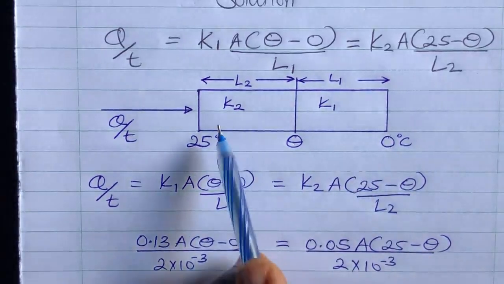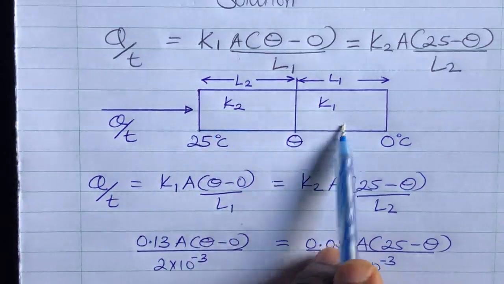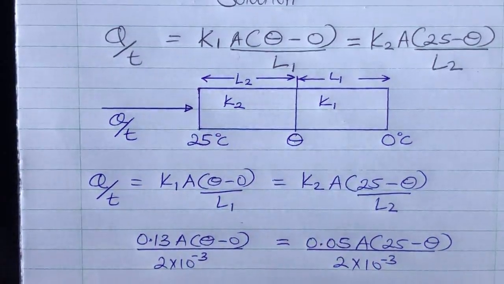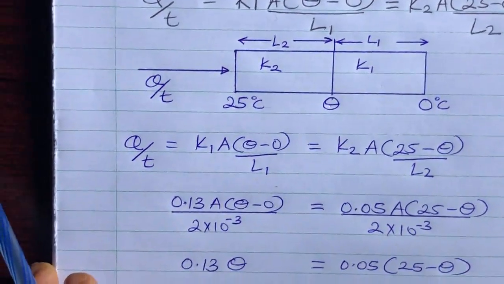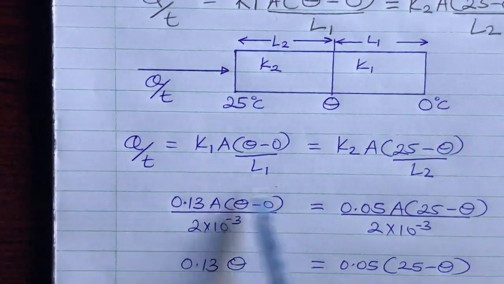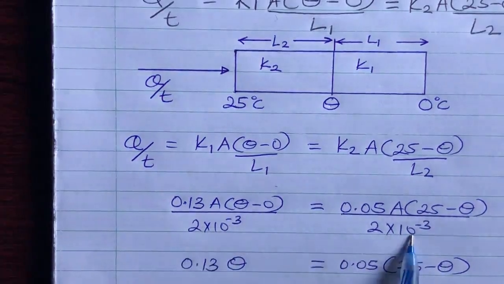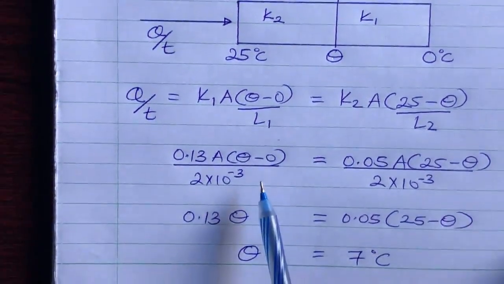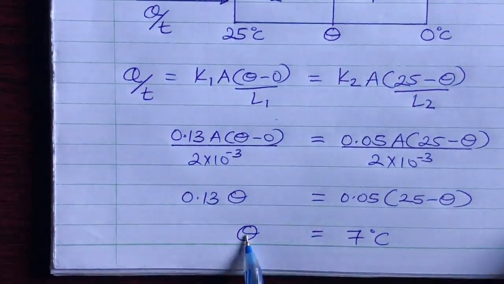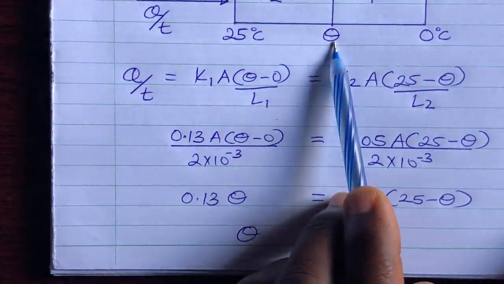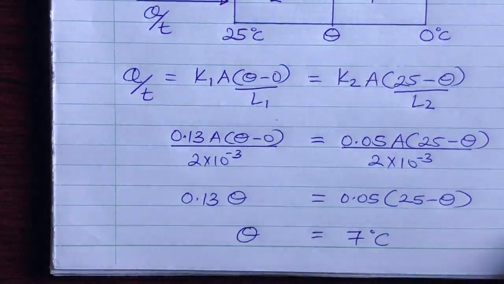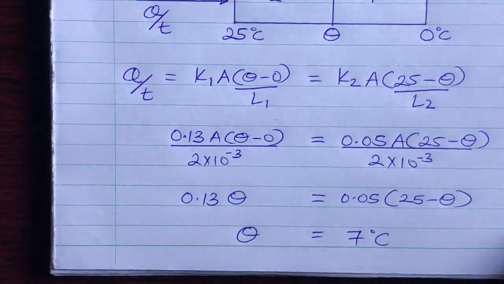So since they are arranged in series, we shall therefore equate their rates of heat flow. When we equate, we substitute. On substituting, we shall get the temperature at the interface. Remember, the question is asking for the heat which flows in the composite sheet in 1 hour.